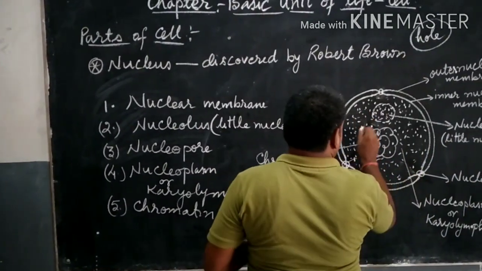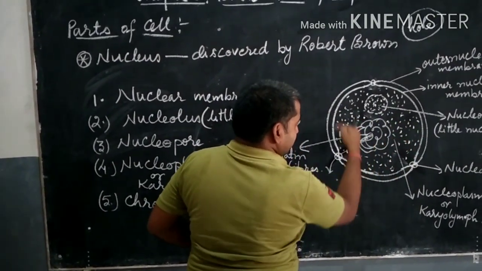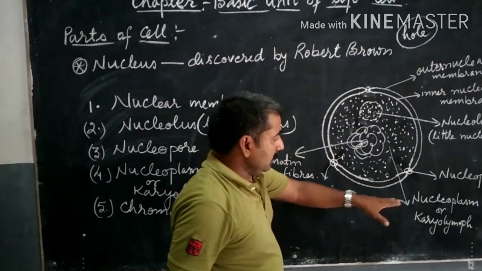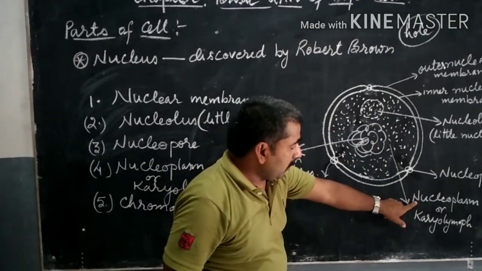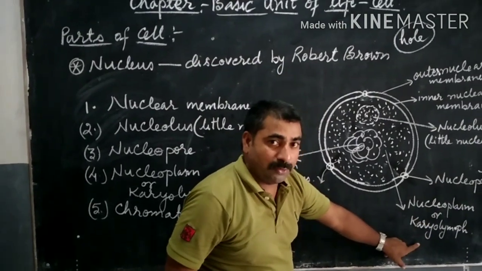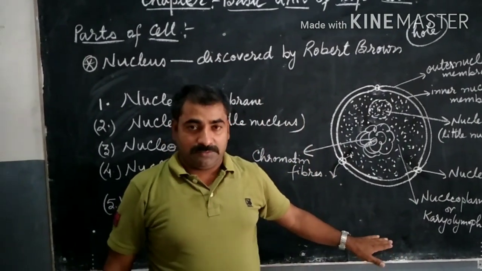Now, the fluid part present inside the nucleus is called nucleoplasm or karyolymph, or sometimes we even call it karyoplasm.